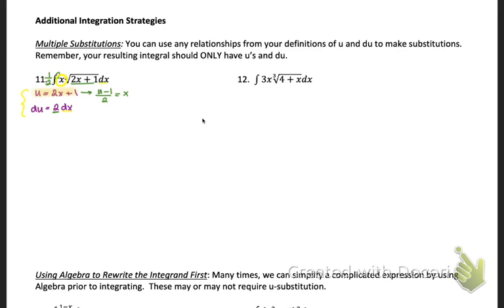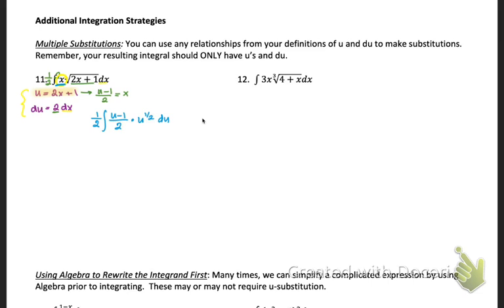So what that allows us to do then is to set up our integral like this. I have the 1/2 that I adjusted with my constant times the integral of U minus 1 over 2, that's what I'm plugging in instead of x, times the square root of U, which is going to be U to the 1/2 du.